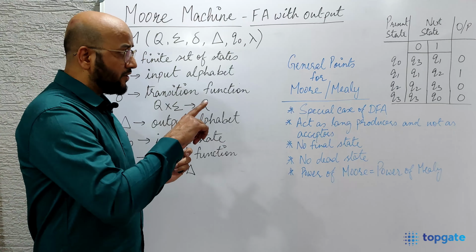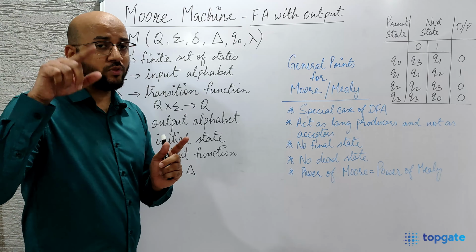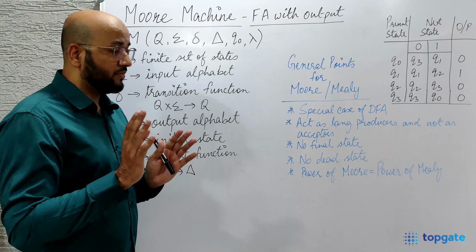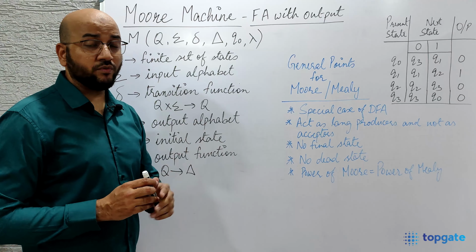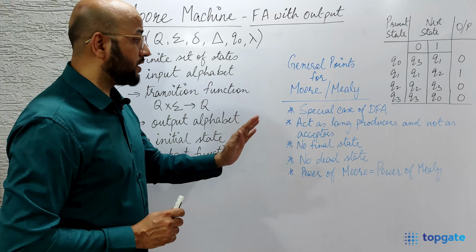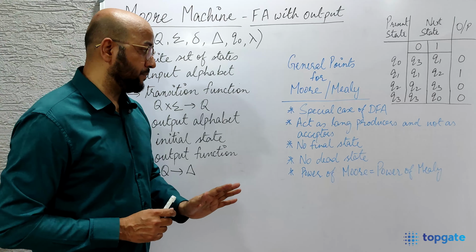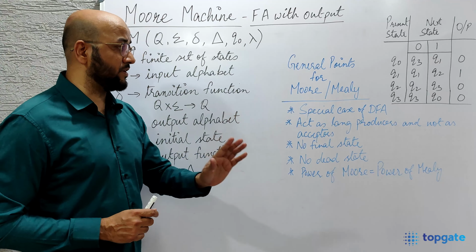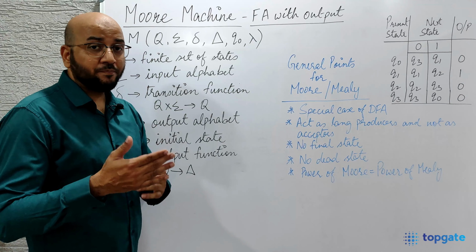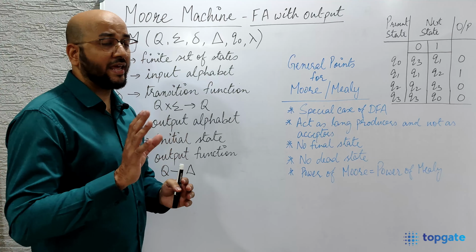That is, we start from some initial state, we hop around the states, and if we are able to reach some final state, then we say that the string or the language is accepted by the NFA or the DFA. But this is not the case with the Moore and the Mealy machine. They are not acceptors, in fact they are producers. That means they produce the language, they produce the string, but they never accept the string.